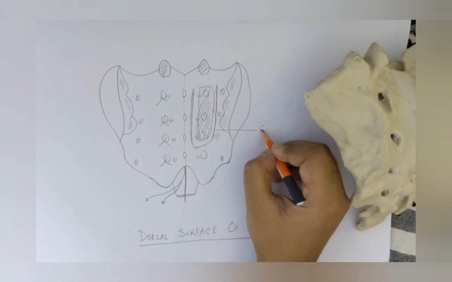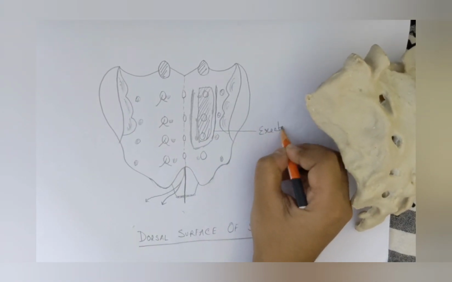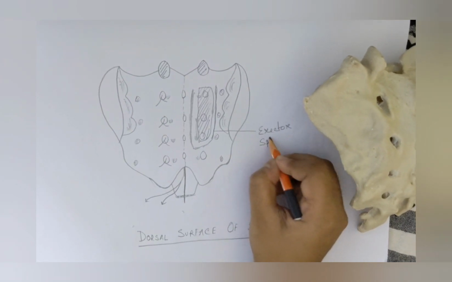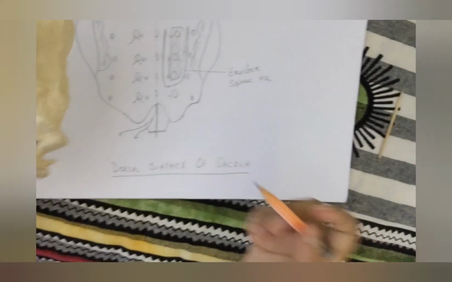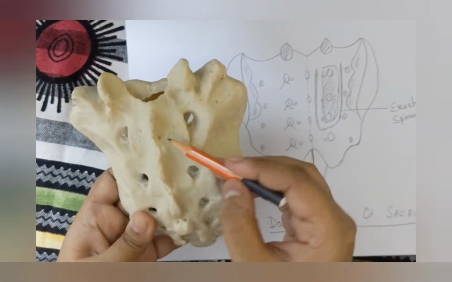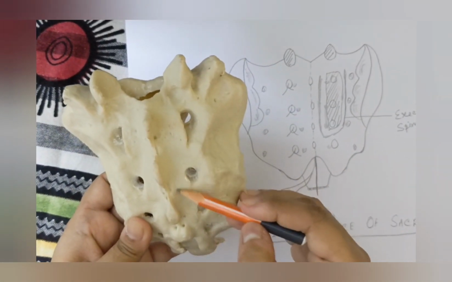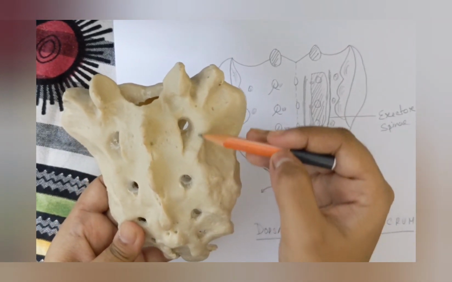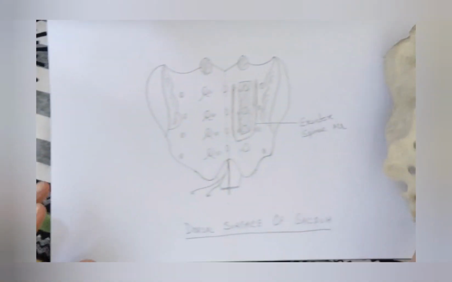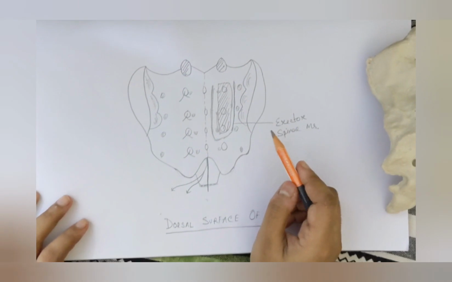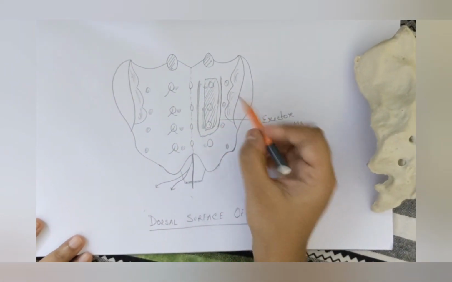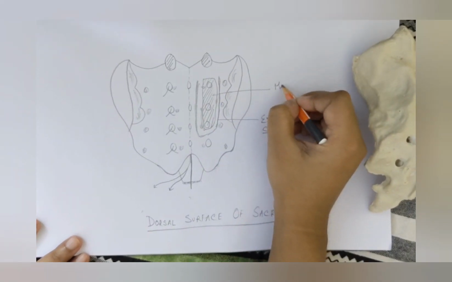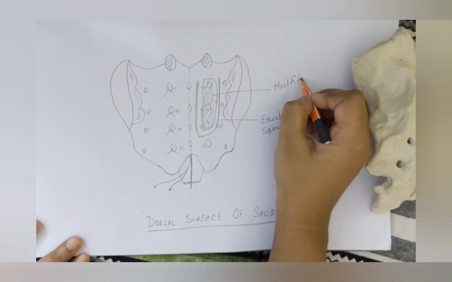So, the erector spinae muscle will be like this. And the enclosed area between this will be occupied by the muscle named multifidus.